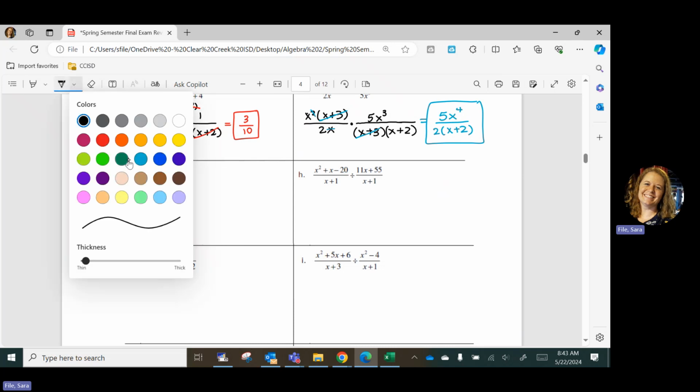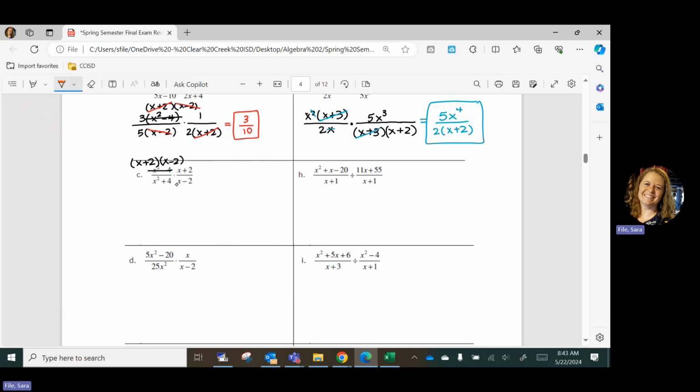So when I go to reduce here, I can see that the x minus 2 will reduce, but the x plus 2, those are both in the numerator, so that does not reduce. So we have x plus 2, and you can write x plus 2 again, or you can just put a squared on it, because there's two of those factors in the numerator. And in the denominator, we have x squared plus 4.